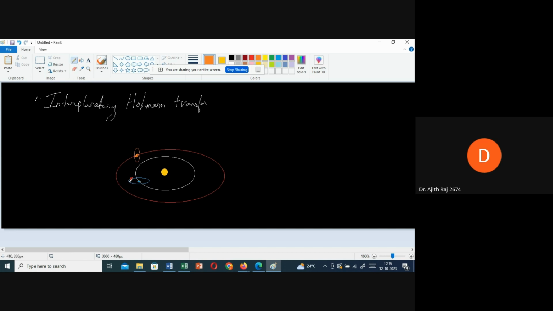Unless you disturb it, this satellite will stay revolving in this orbit, so I somehow need to transport it from this orbit to the Mars orbit.